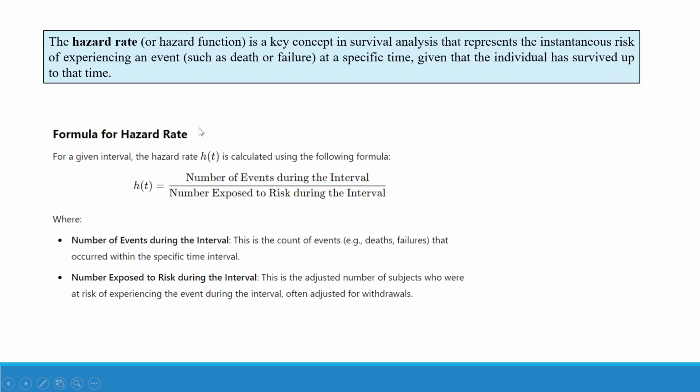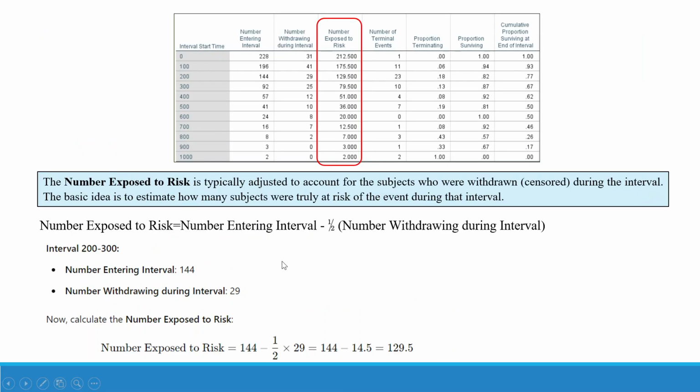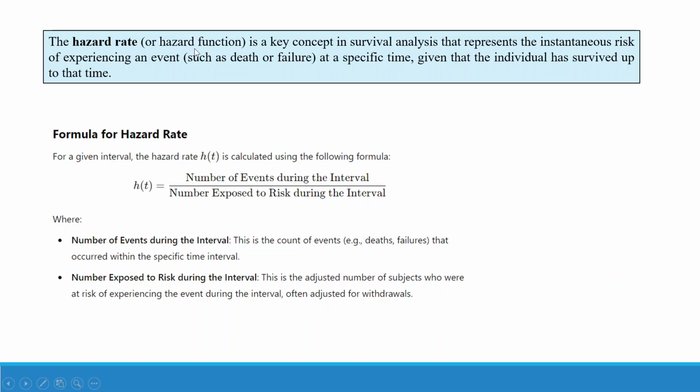Hazard function is calculated on the basis of number exposed to risk. The hazard rate or hazard function is a key concept in survival analysis that represents the instantaneous risk of experiencing an event such as death or failure at a specific time, given that the individual has survived up to that time.